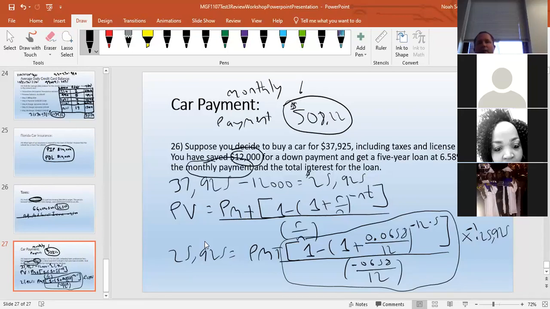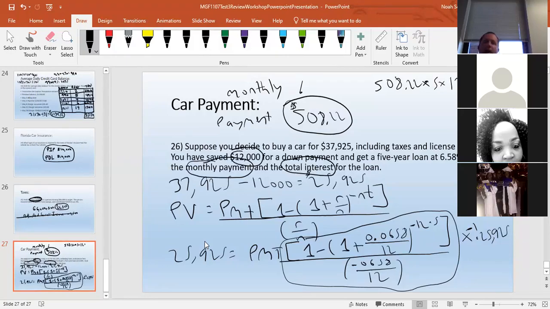And the total interest for the loan would actually be, you have to determine what's the total amount of the payments that the person made, because the person made $508.22 payments. This was a 5-year loan, so they made those payments for 5 years. And since it's monthly payments, they made those payments 12 times a year.